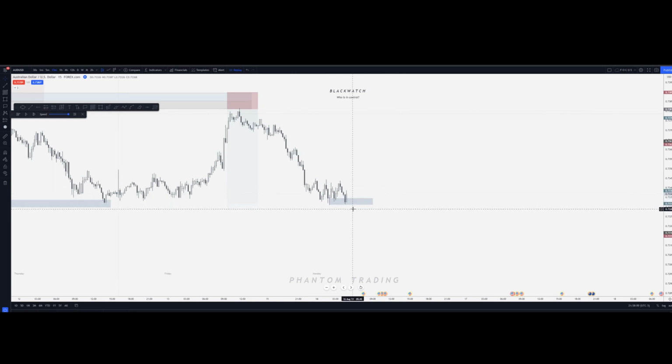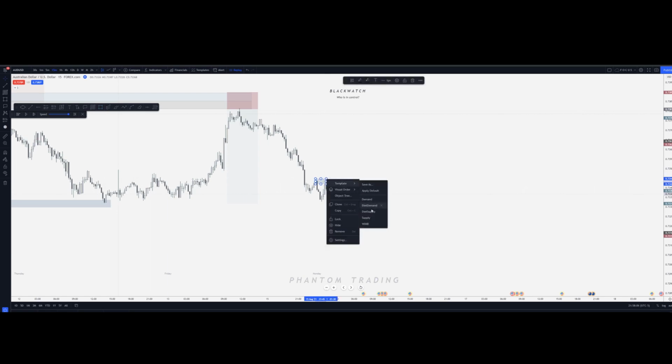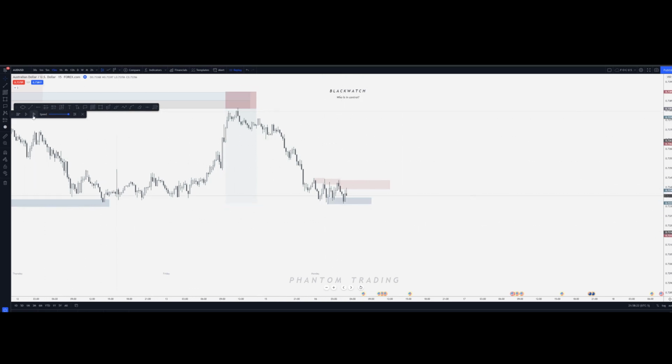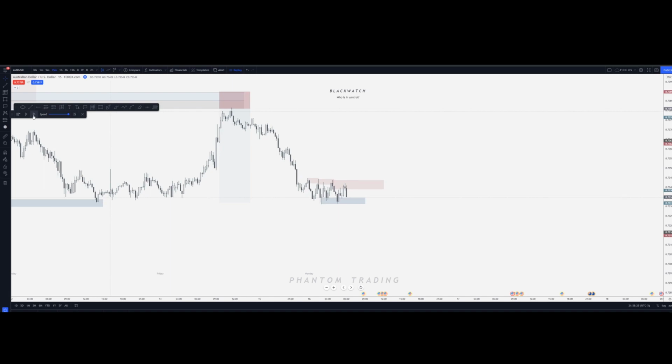Now, if this demand fails, what I think I can say is that this is part of a supply chain. Right, because every time price comes up into it, it holds. So that to me indicates that price would probably want to hold this level if this demand fails. Now I'm not going to trade it until the demand fails, because once the demand fails, it tells me that price wants to trade lower. So I need to see that.